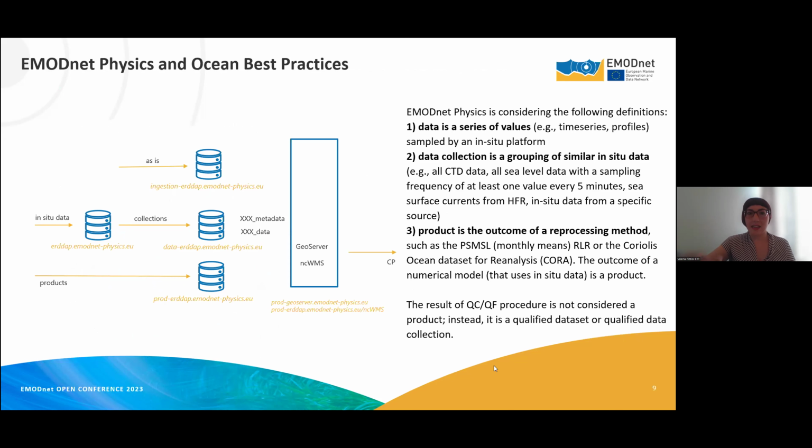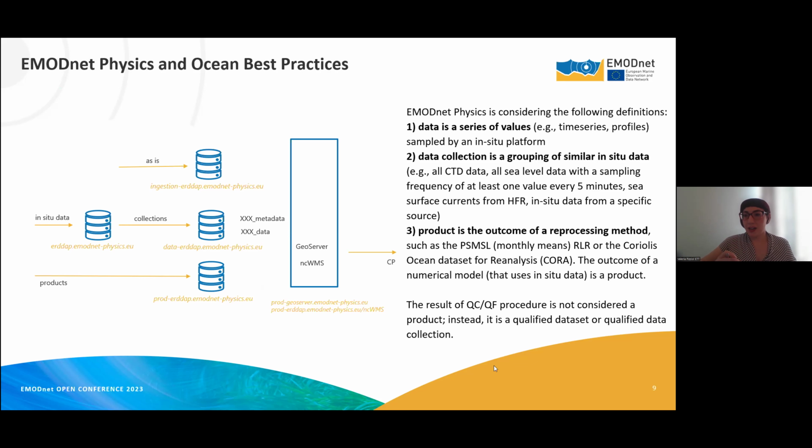I'm not going into detail on this, but I'm just going to present to you what EMODnet Physics considers as data. In three different layers, the data can be defined as simple data, which is basically a series of values sampled by an in situ platform; a data collection, which is a grouping of similar in situ data; and a product, which is basically a higher level of presentation of the data because it is the outcome of a reprocessing method.